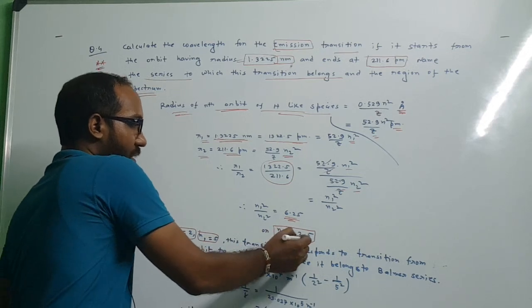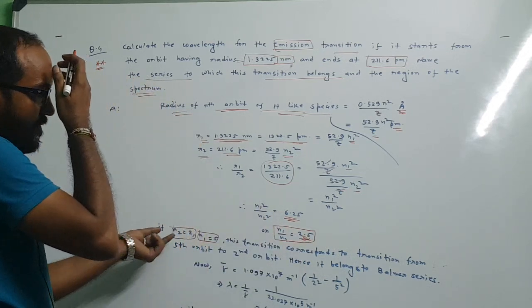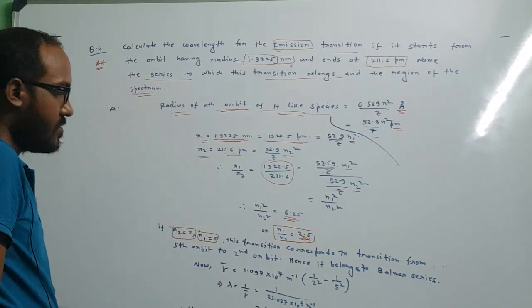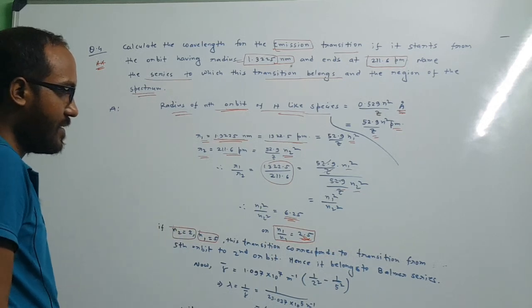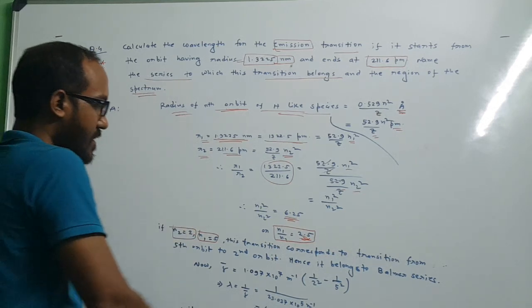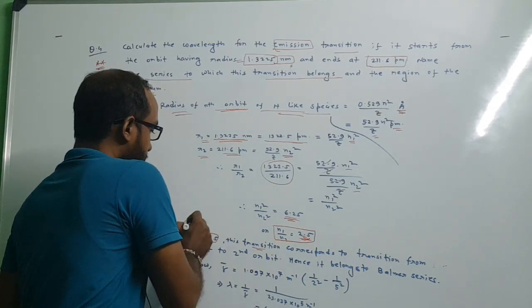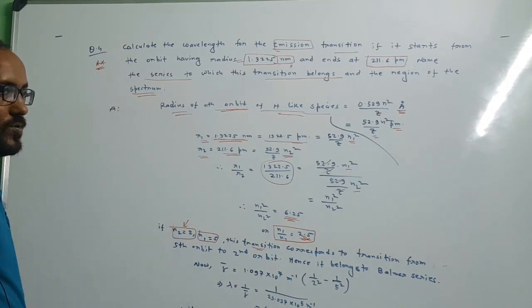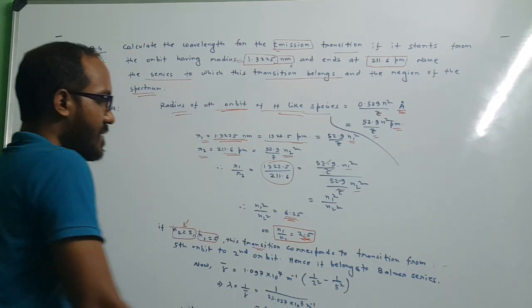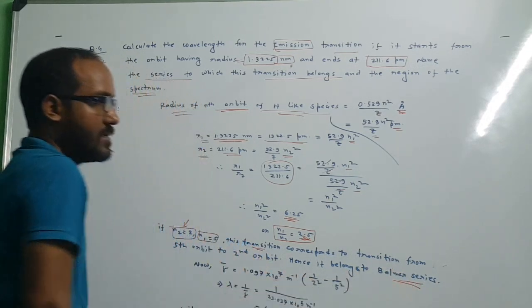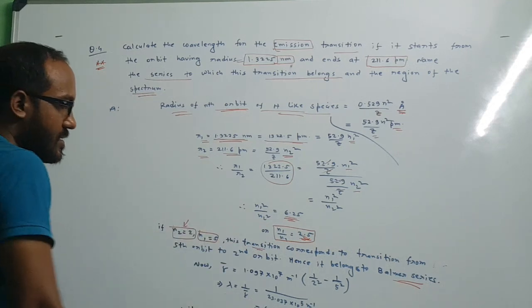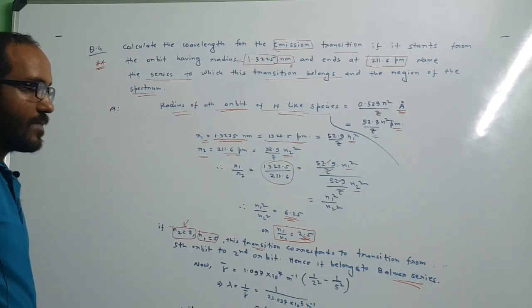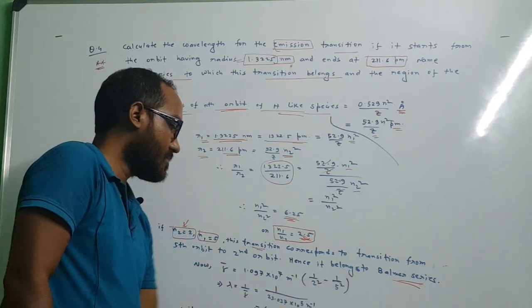So our transition is from 5 to 2. This transition ends at n2 equals 2, which means it is the Balmer series. Balmer series corresponds to the visible region. We already know that.